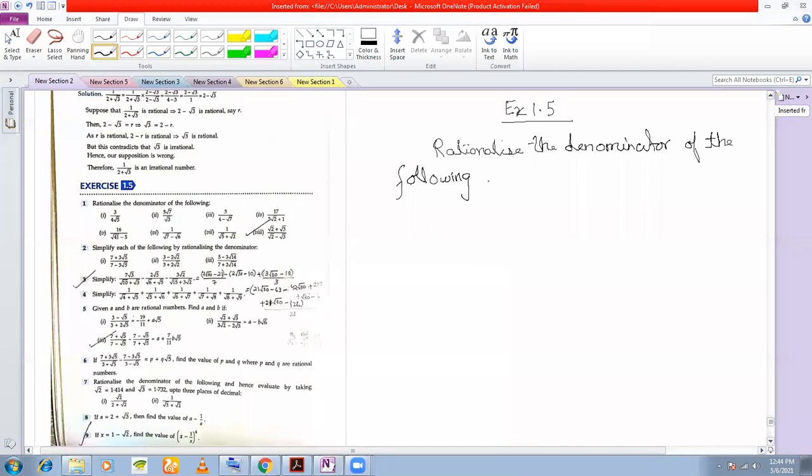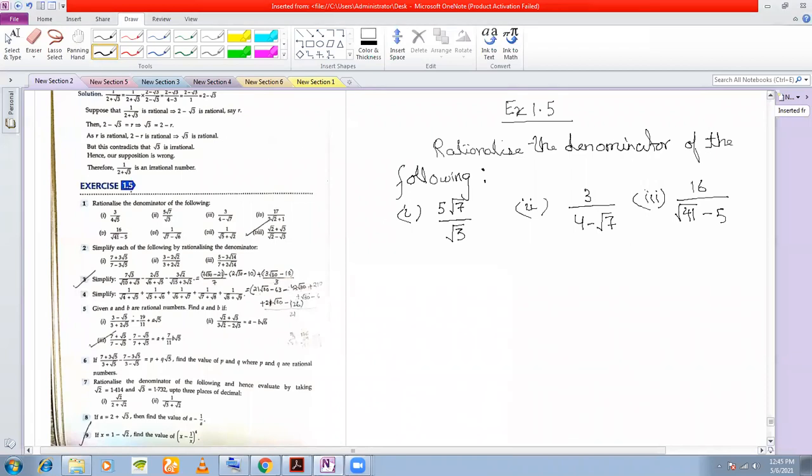The first one is 5 root 7 by root 3. Next one is 3 by 4 minus root 7. And third one is 16 by root 41 minus 5. These three. You need to rationalize the denominator of all these.